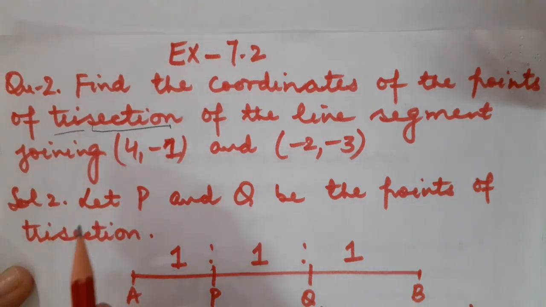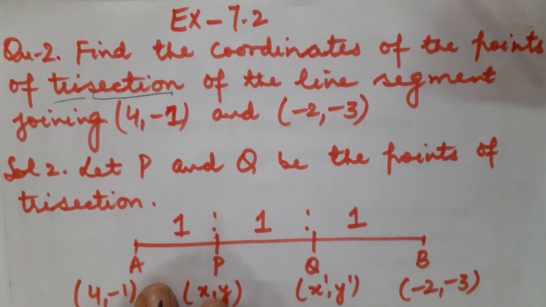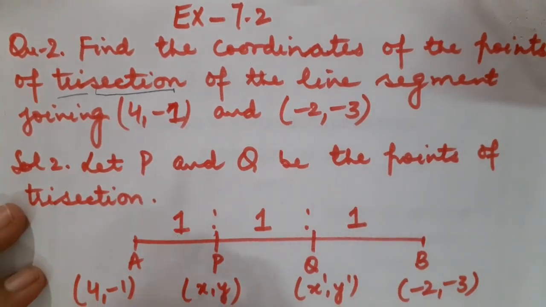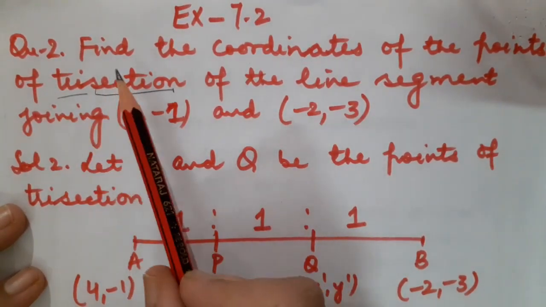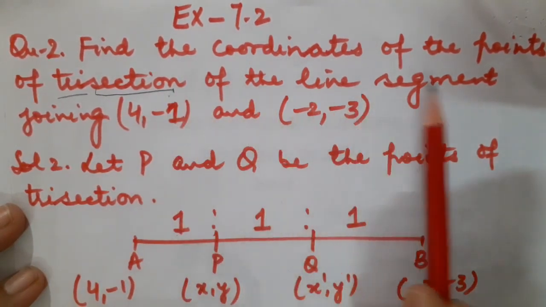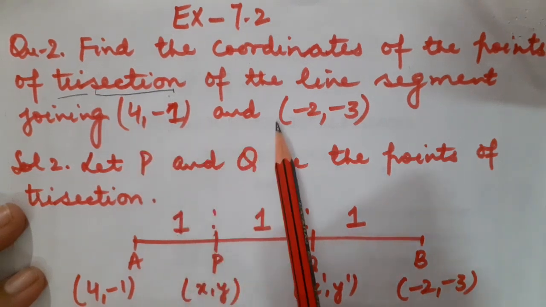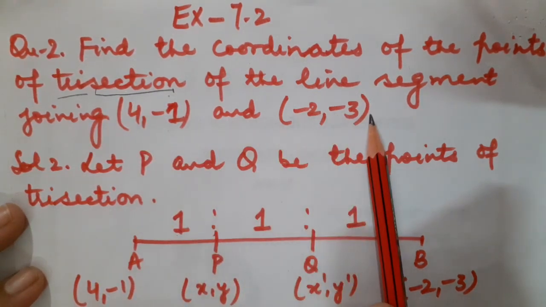Okay. So for that, children, I am going to take question number 2 from 7.2 so that you can better understand the concept. Find the coordinates of the points of trisection of the line segment joining the points (4, -1) and (-2, -3).